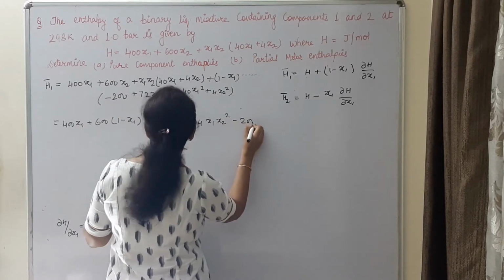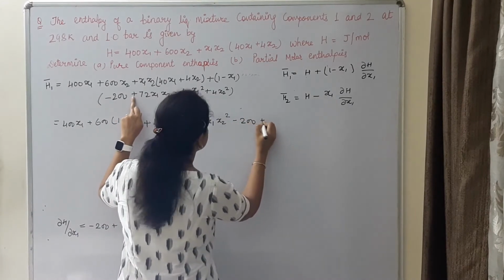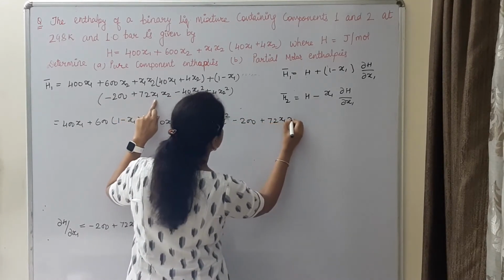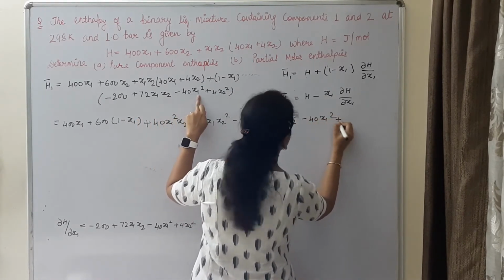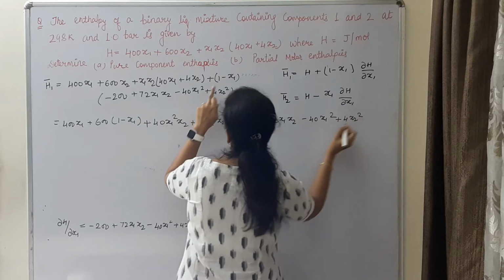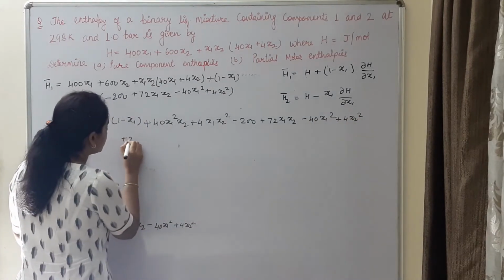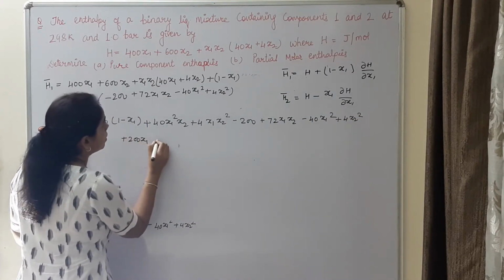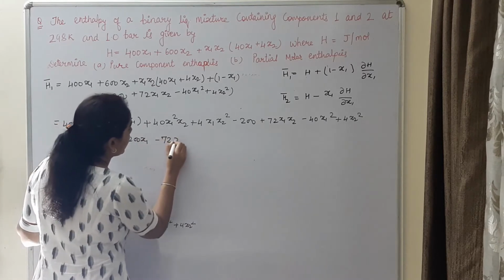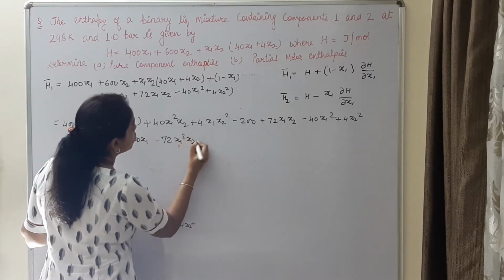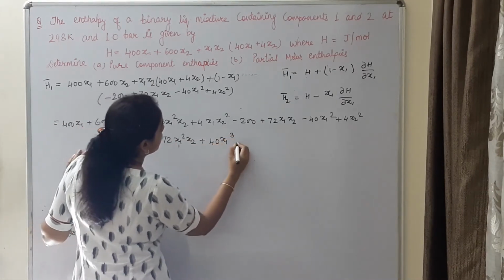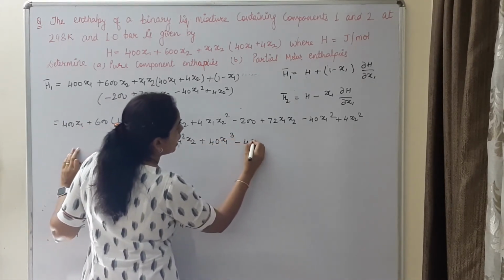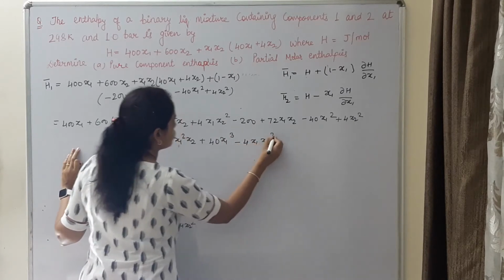minus 200 plus 72 x1 x2 minus 40 x1 square plus 4 x2 square, minus plus, so plus 200 x1 minus 72 x1 square x2 plus 40 x1 cube and then minus 4 x1 x2 square.